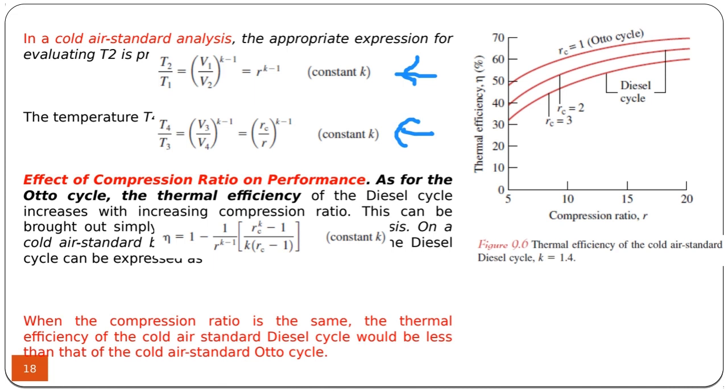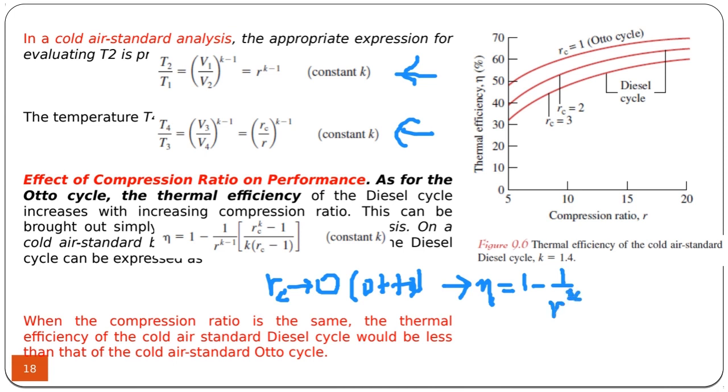If you look at the equation, if RC goes to 0, which means it becomes Otto, then you get the two efficiencies to be the same. You can prove this to yourself.